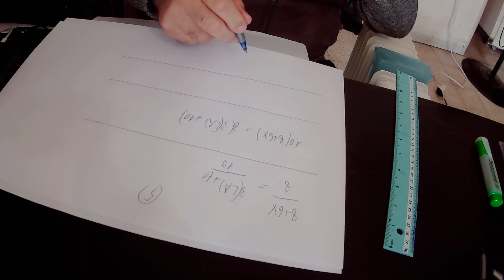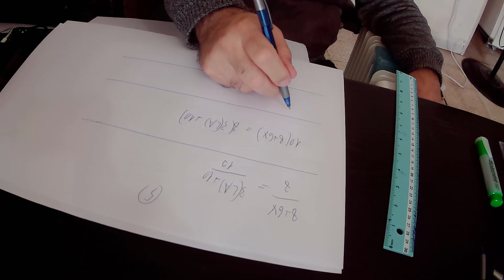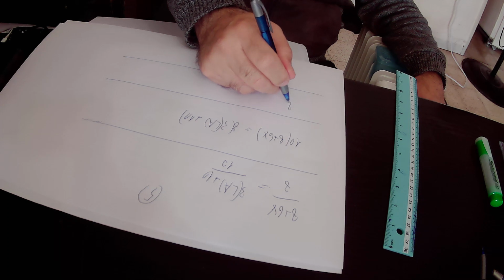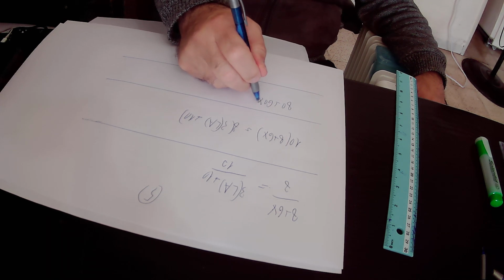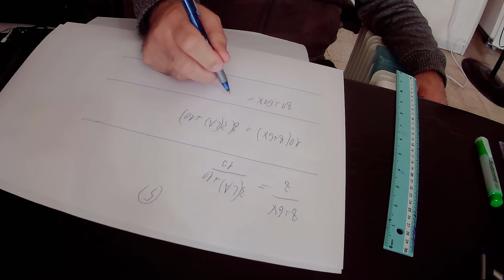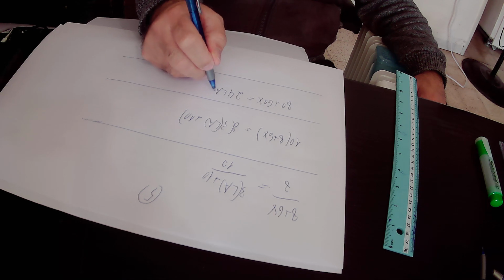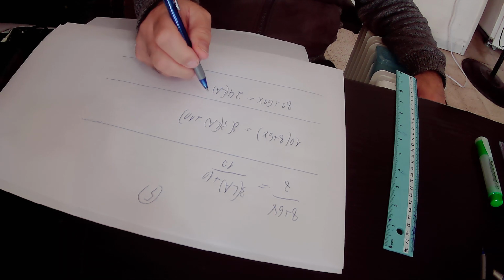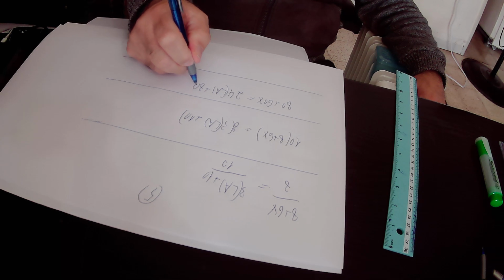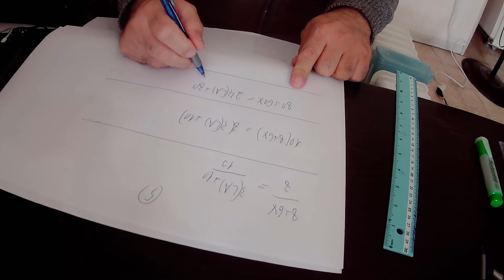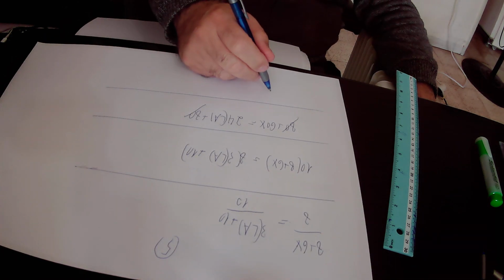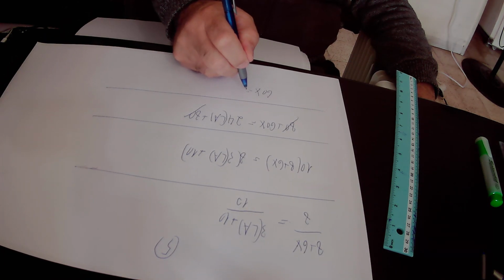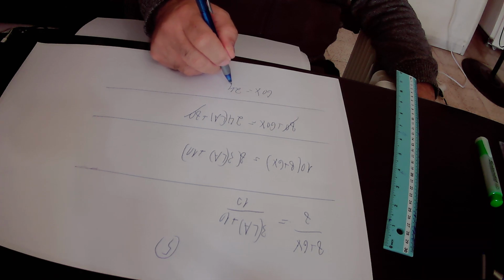We'll open the brackets on both sides of the equation. 10 times 8 is 80, plus 10 times 6x is 60x. That is equal to 8 times 3LA is 24LA, plus 8 times 10 is 80. So here we have 80 on both sides of the equation, so 80 will get cancelled, and we're left only with 60x, that is equal to 24LA.